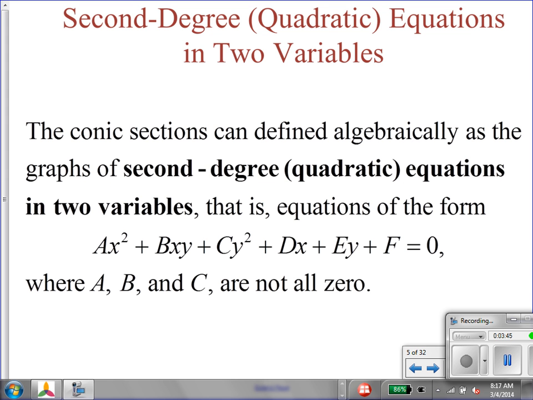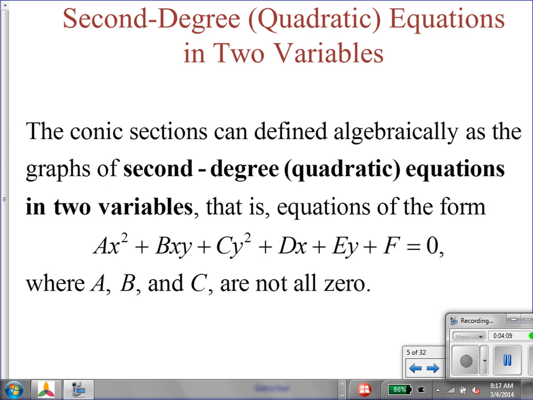Now, the thing that we're going to have to get used to, and we've seen it before when we were doing inverse functions, is you can also have a function that's got x equals something y squared. And so those open which direction? Left and right. If the coefficient in front of y squared is positive, it's going to open to the right. And if it's negative, it's going to open to the left.